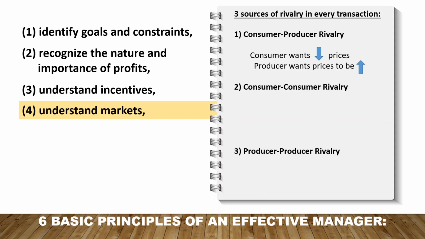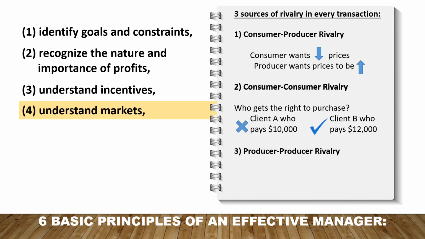An example for this would be the negotiation between the prospective customer and a car salesman. The car salesman usually upsells, while the client would ask for a discount or freebies. The consumer-consumer rivalry reduces the negotiating power of consumers in the marketplace, especially when the goods are few or limited.